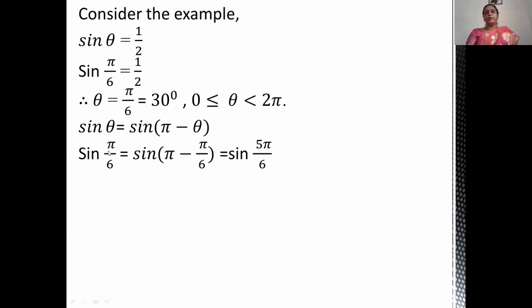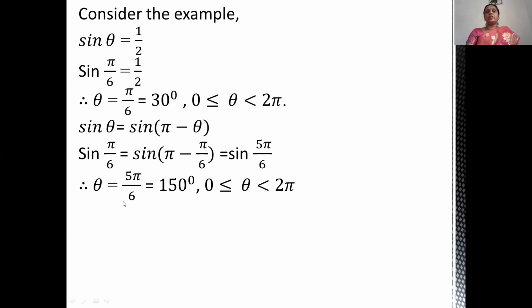After putting theta as pi by 6, we get sine pi by 6 is equal to sine of pi minus pi by 6, and simplifying this, we get sine 5 pi by 6. Now convert this angle 5 pi by 6 into degree. That is 150 degree. Obviously this 150 degree also lies in the interval 0 to 2 pi. Comparing these two equations, we get here theta is equal to pi by 6.